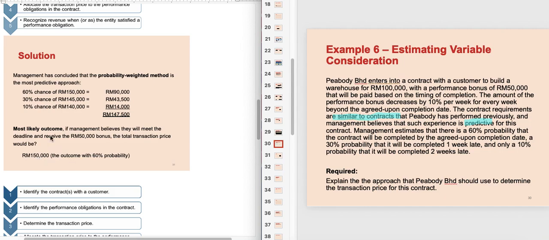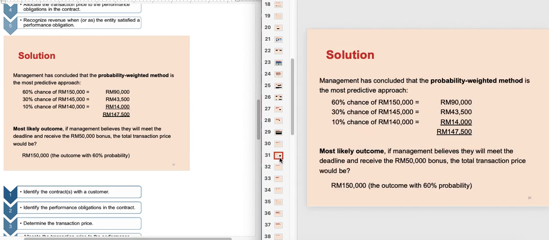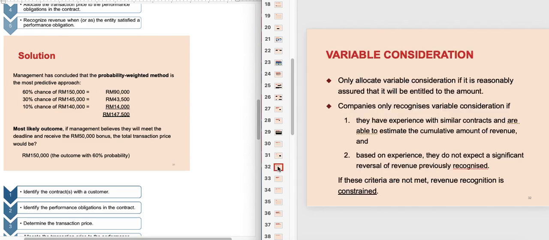Normally they can use the most likely outcome if there are only 2 outcomes, but if more than 2 outcomes, then you have to use the probability weighted method. This is to determine the transaction price. Okay, all right.